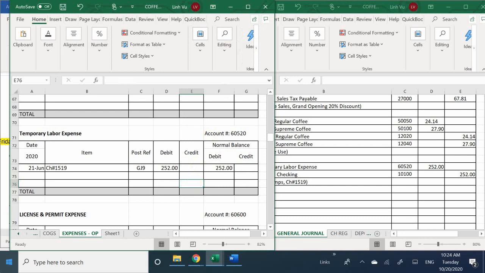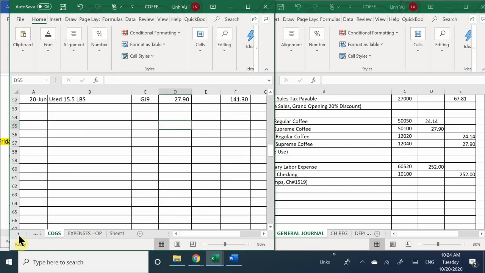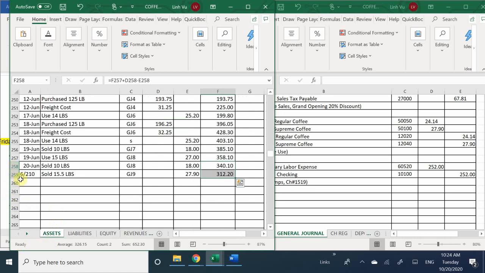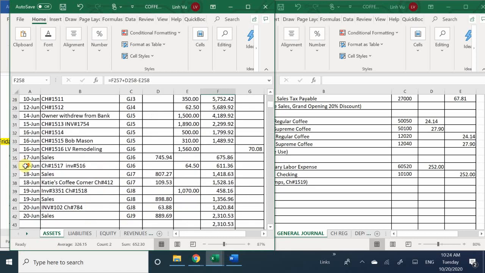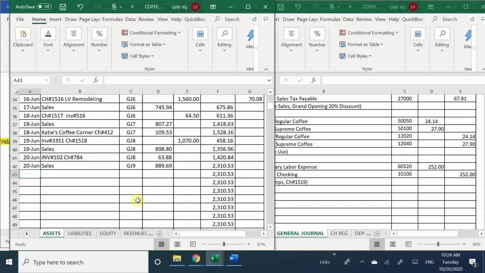And the next thing we've got to do is update our checking. All right, checking for 6/21. What am I going to put here? Item, check number 1519.